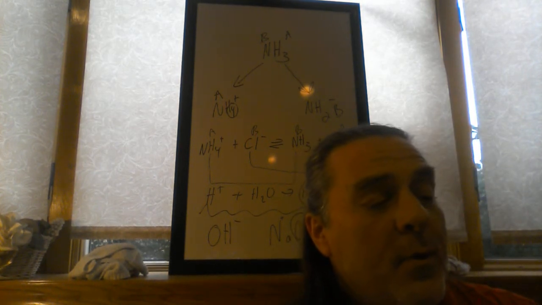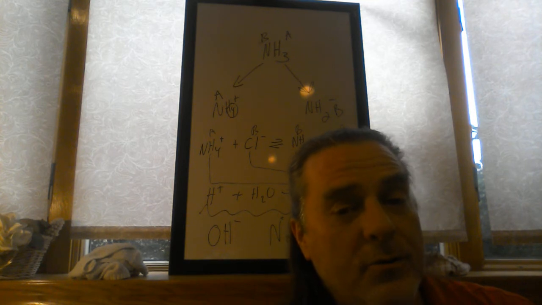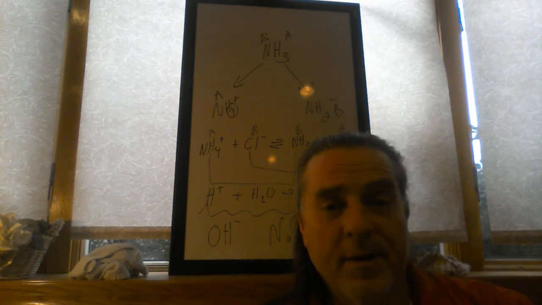And the other one there, the HC2H3O2, I know I told you this yesterday, but I'm going to highlight that once again. Let me clean my board a little bit.